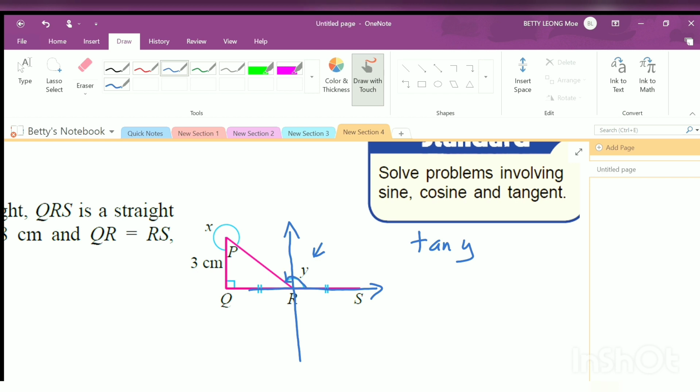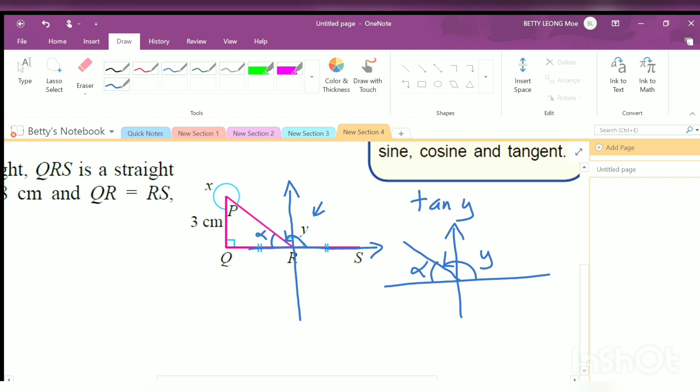So we draw it like this. Here this is your y, and this is your alpha, your corresponding reference angle.